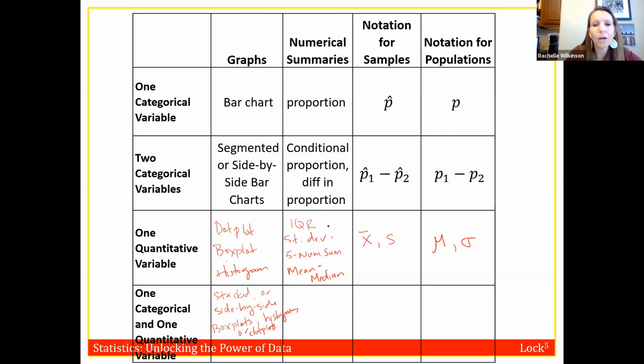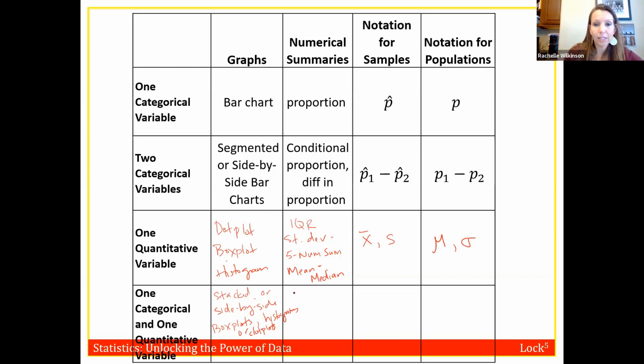Okay, when we're talking about numerical summaries, all the same numerical summaries that we did for one quantitative variable, we're going to do when we do one quantitative with one categorical, just separately for each group. So we're going to look at everything broken down by group.